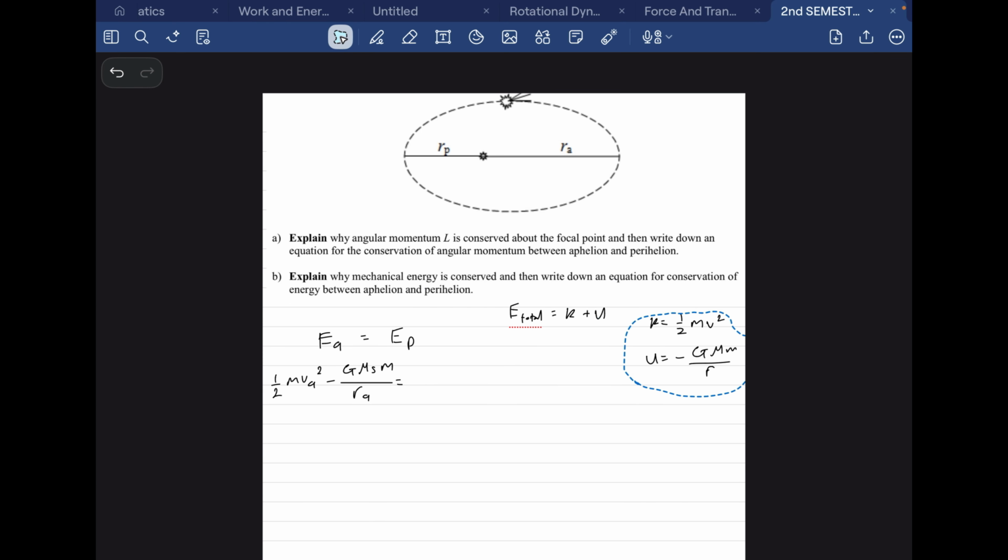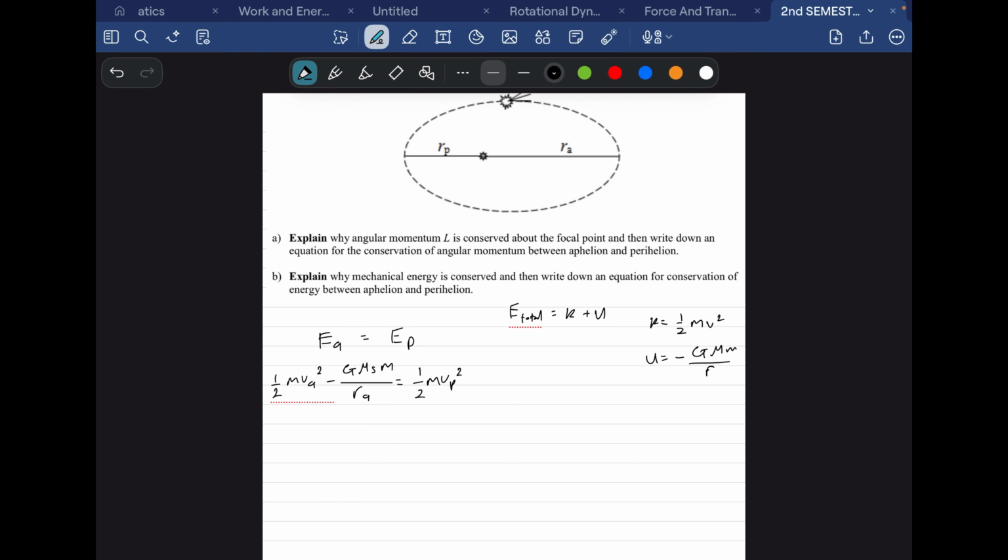Just move this over. Then 1 over 2 m v perigee squared minus G mass of the sun, mass of the object, all over r perigee.